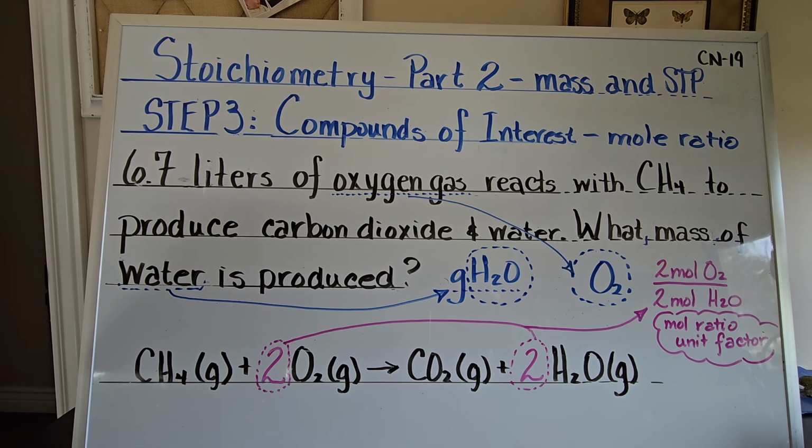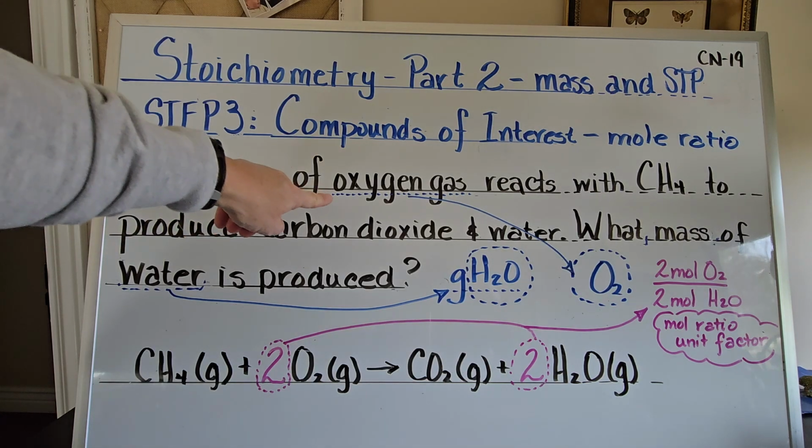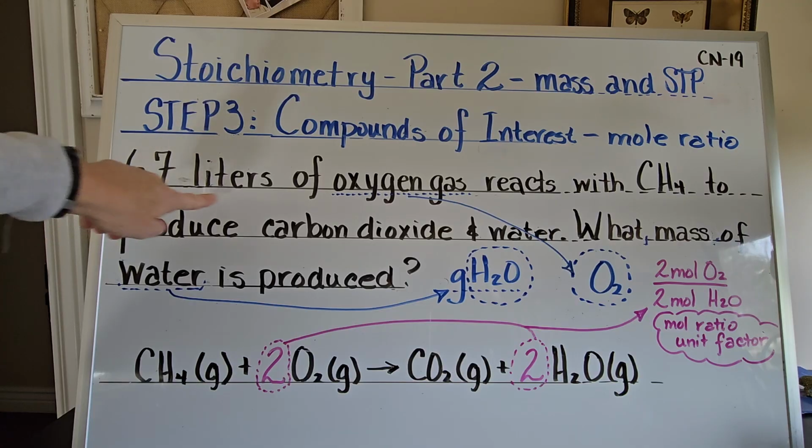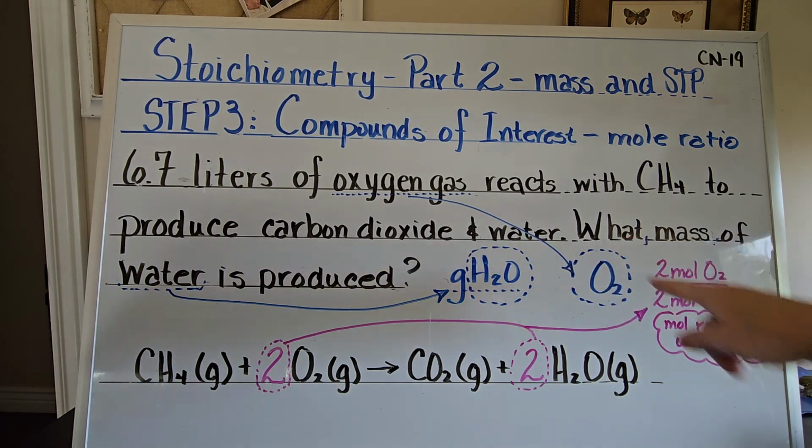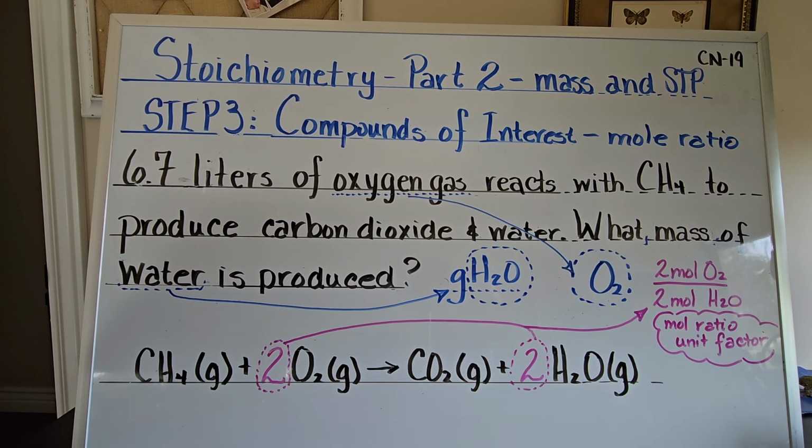But what about the other compound? Well, I know something about my oxygen gas. I know how many liters of oxygen gas. So that's going to be my other compound of interest, oxygen, or O2. I will use the coefficients of the balanced reaction to generate my mole ratio. That is 2 moles of O2 to 2 moles of H2O.